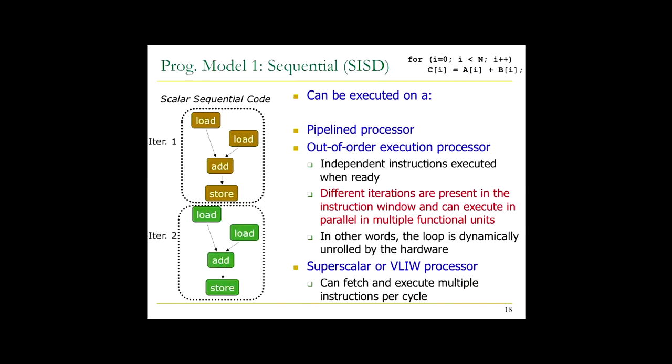But you can also pack other things together. The VLIW compiler can say, I cannot do the add and store together, but I want to pack this add over here with the load over here. There's no reason you cannot do that because they're independent of each other. Okay, so basically we saw a lot of techniques to improve the sequential execution model. The programming model is sequential, but the execution model is very different.